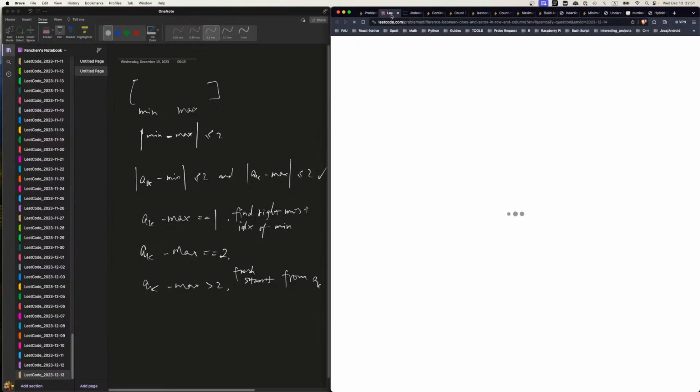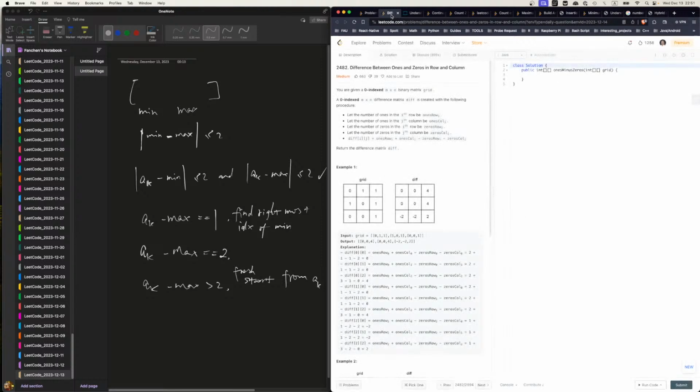So it's the first medium problem in a very long time. Difference between ones and zeros in row and column. You are given a zero-indexed binary matrix grid, and a zero-indexed difference matrix diff is created with the following procedure. Let the number of ones in the ith row be onesRow i.